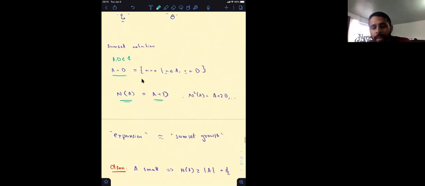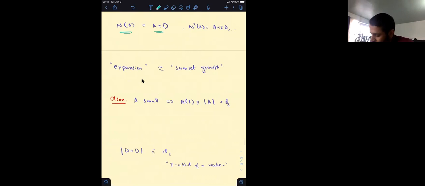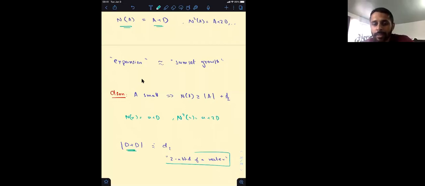I want to talk a bit about the proof ideas, but before that, for a vertex U, its neighborhood is just U plus D, and its second neighborhood is just U plus 2D. So the size of this is just that of D plus D. The second neighborhood of a vertex depends only on the set of generators.